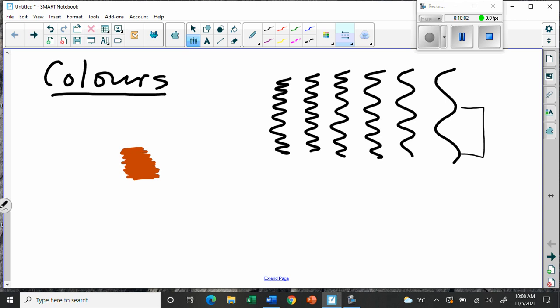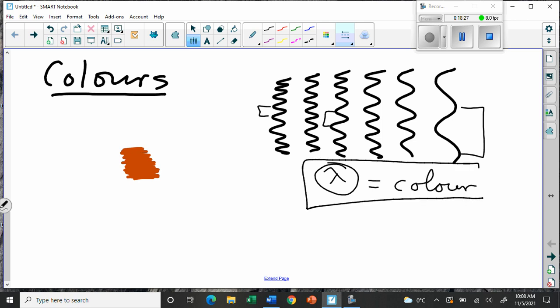If it has bumps that far apart, it's red. I don't care what it looks like in your brain. If it has bumps this far apart, we call it purple or violet. And if the bumps are this far apart, we call it green. The wavelength, remember, lambda, in physics equals color. That's what color means to a scientist.